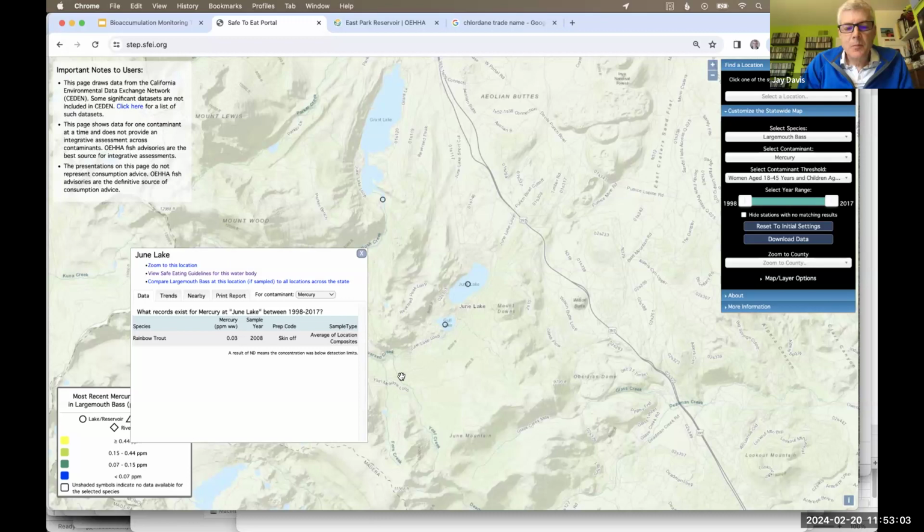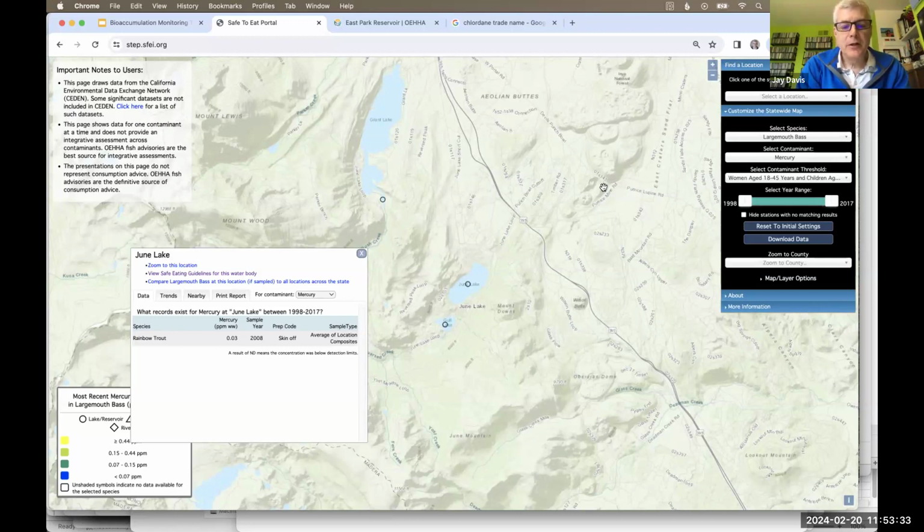It's one that we put on a list to prioritize for additional sampling to get more species there, given that higher than average mercury concentration. Brown trout, in some cases, accumulate higher mercury levels if they're a resident population.